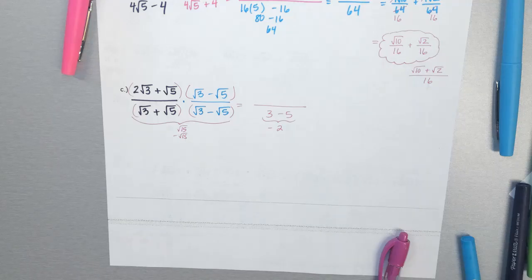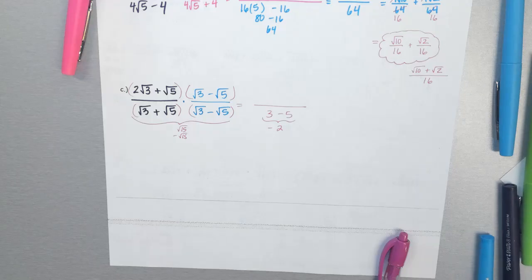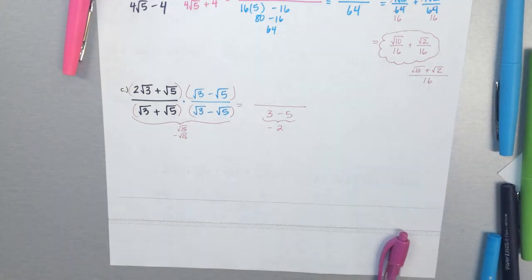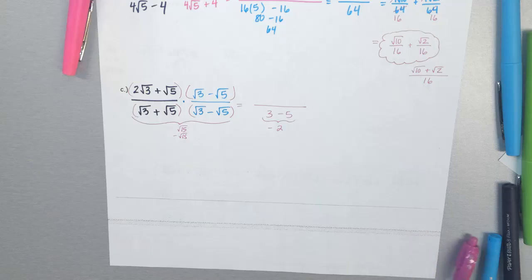Okay, so make sure you FOIL, you're doing first times first, inner, outer, last, and then go ahead and combine your like terms.